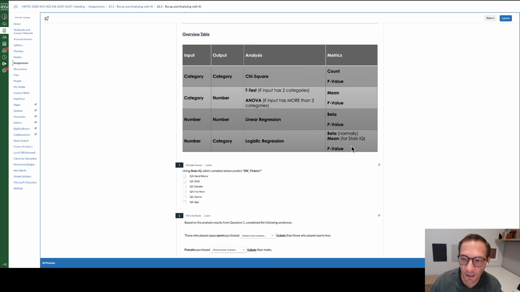And while traditionally you're going to be dealing with betas here, the less traditional, more current thing going on in Stats IQ and AI is this is going to give you an average. So what's the average amount for a Ford? What's the average amount for a Dodge? Is the p-value significant? If so, then you say, okay, there is a relationship between how expensive the car is and the brand, such that the more expensive it is, the more likely it is to be a Ford versus a Dodge. So now we're going to run through some analyses that'll help us apply this table a bit more.